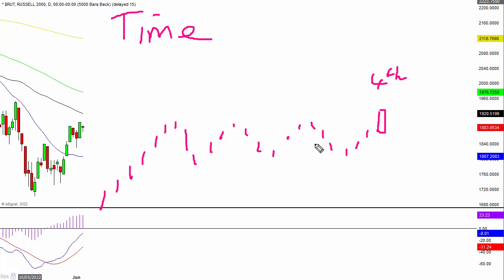So then I used to buy it if it broke out, for a potential run higher. Now, what I noticed many years ago while trading this strategy, if you will, is that I used to put my stop below the last low down here.